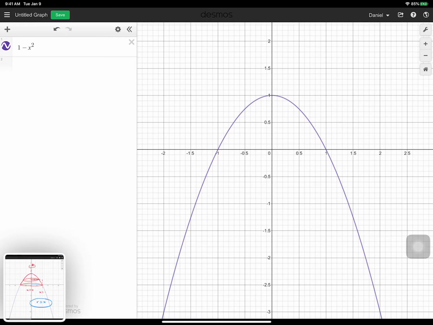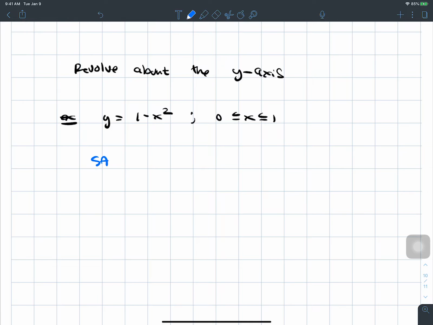So remember this. Surface area, integral 2 pi r ds. Our radius is x. So we're going to plug in for this radius an x. Now, be careful here. You say, okay, if my radius is x, because we've seen the geometry of the picture, but what did the author give us?